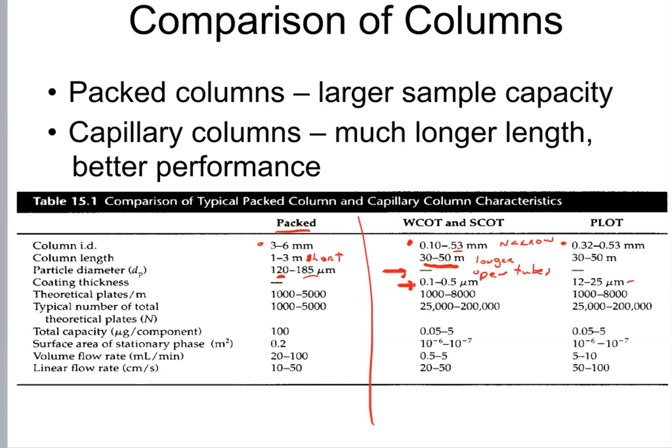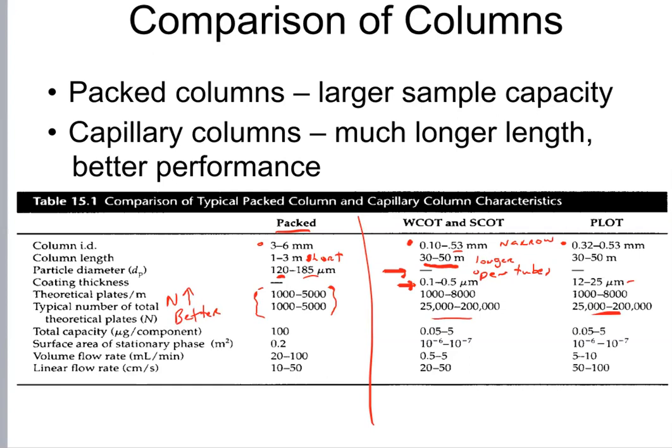What about performance? The number of theoretical plates total and per meter, somewhere around 1 to 5,000 theoretical plates. Now that's the N. Remember, bigger is better for that, right? Higher N is better. But for the open tubular capillary columns, we can achieve much higher performance, 25,000 to 200,000 theoretical plates.